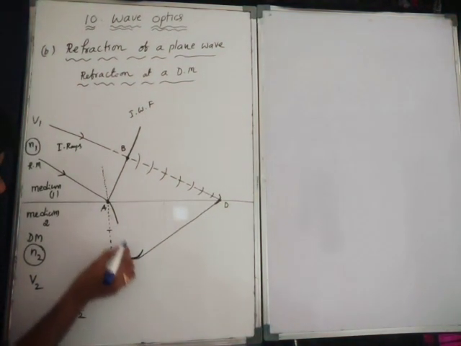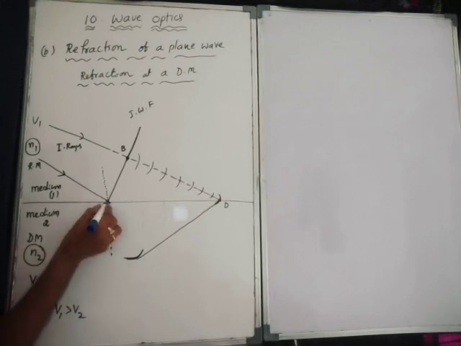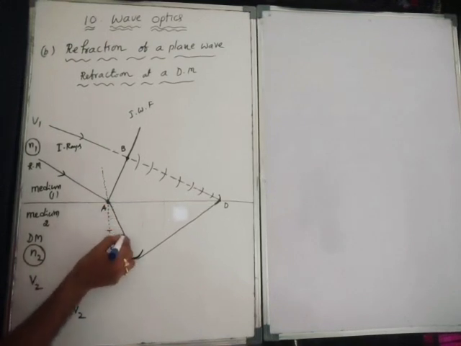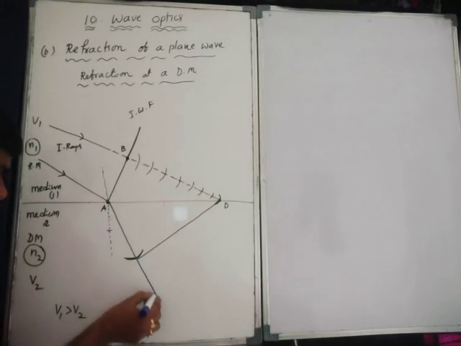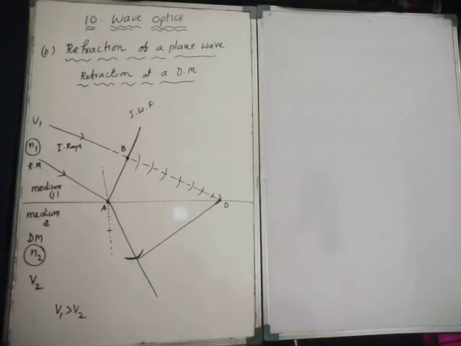The refracted ray is always perpendicular to the secondary wavelets.